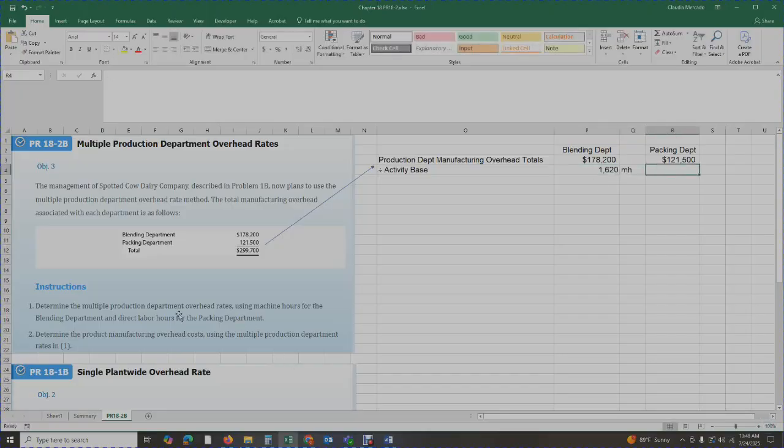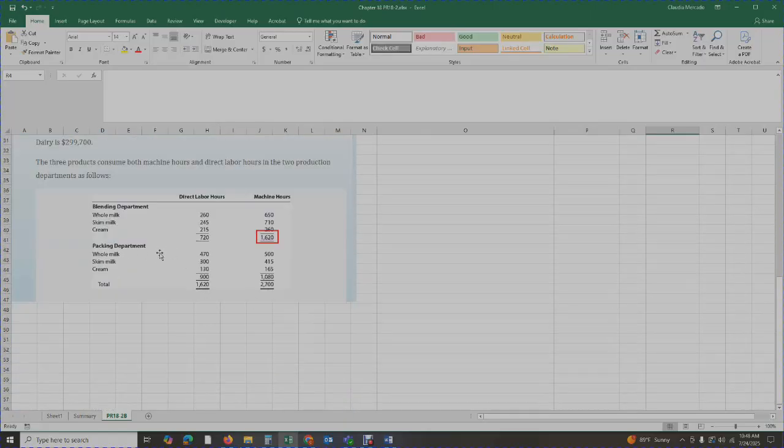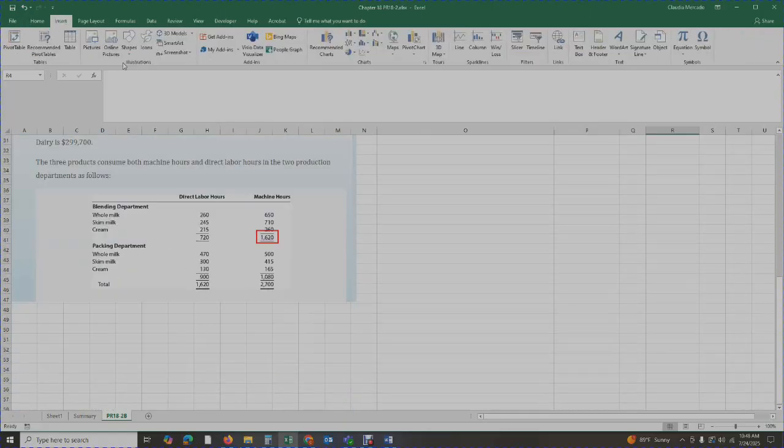Now for the packing department, it says that we're going to use direct labor hours. So we're going to go to the packing department, and for that one we are going to be using direct labor hours.